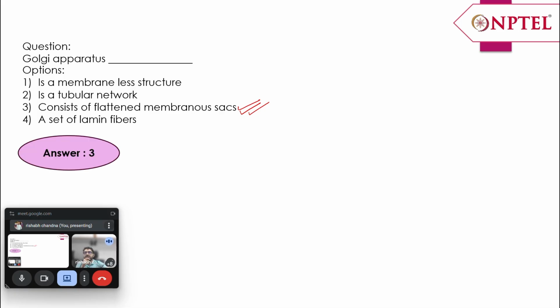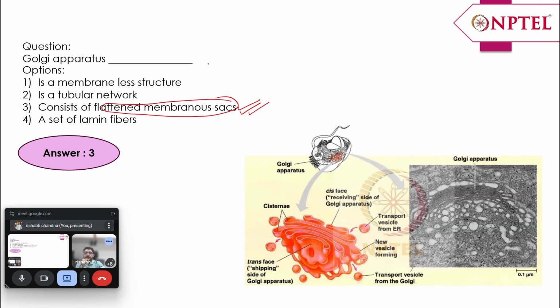It is actually flattened membranous sacs. This is the basic electron micrograph of Golgi apparatus. Like you can see here, these are various membrane sacs that are stacked on each other. This is how it looks in an electron microscope.